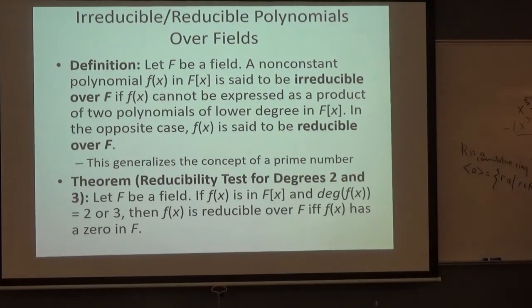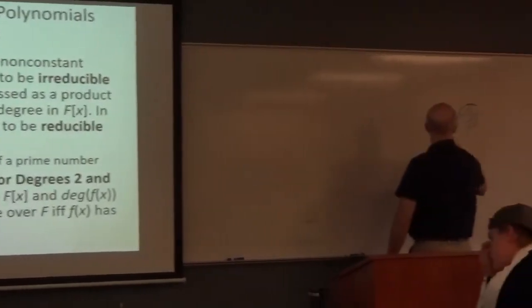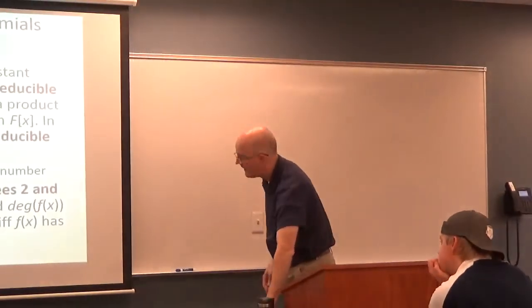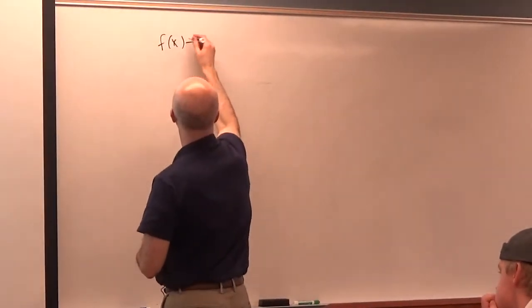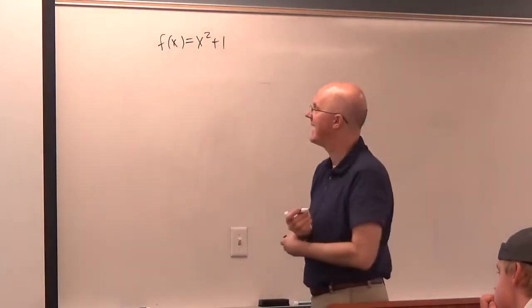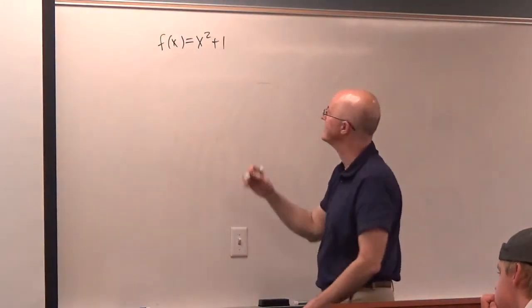All right, what are the examples we're about to look at here in the last 7-8 minutes of class? We're going to consider a single polynomial f(x) = x^2 + 1, and we're going to consider it as an element of two different rings.